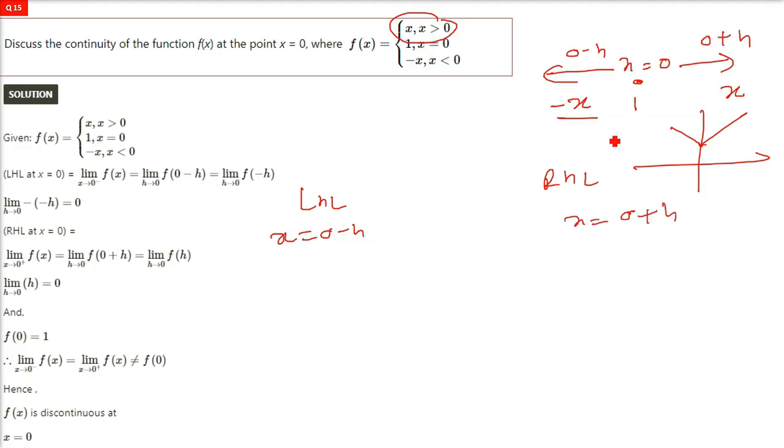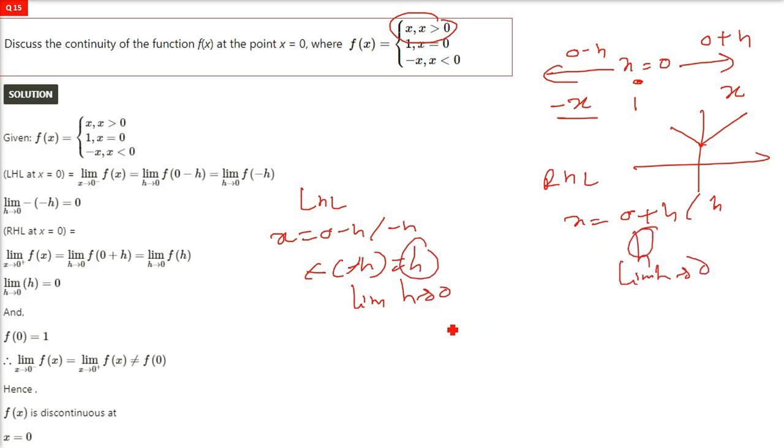And on the right hand side, it is 0 plus h. It is equal to h only. H is a very small number, not equal to 0, but very near to 0. So minus minus become plus, and h here also. When we put x as h, now apply the limit, it is going to be 0 here. And this also apply the limit, it is going to be 0.